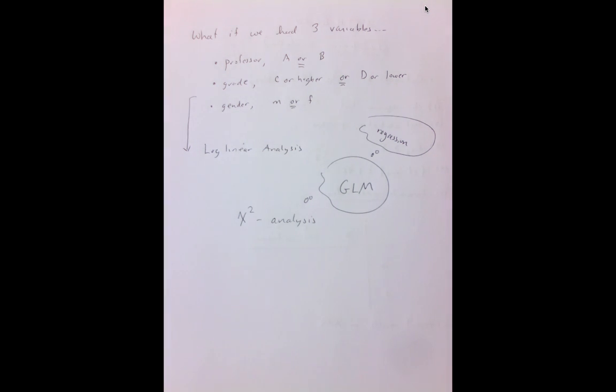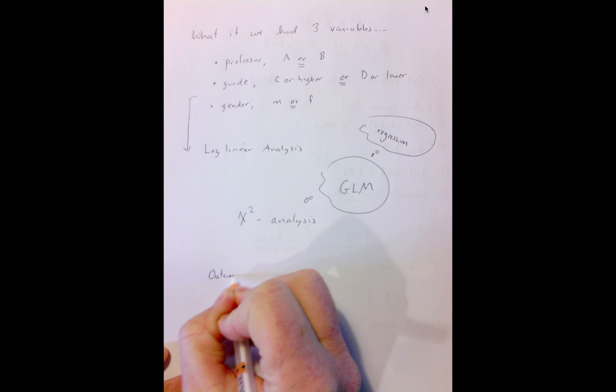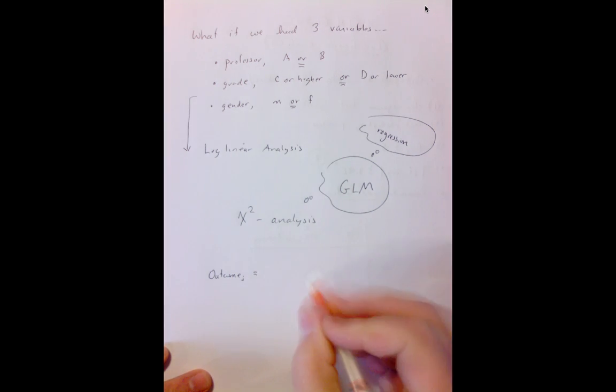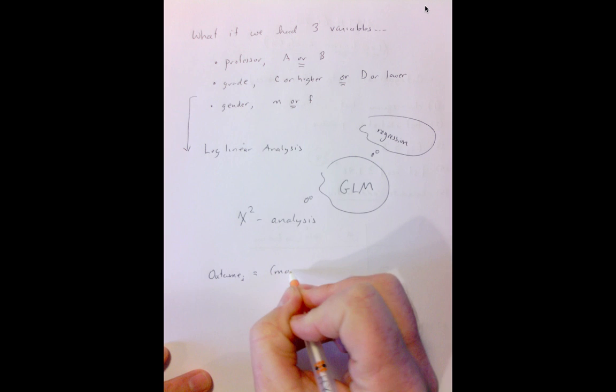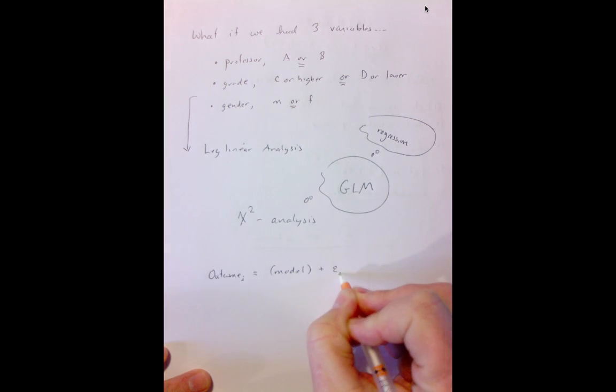Now, what do I mean by that? Well, guys, in the spirit of general linear model, we know that our outcome can be expressed as our model plus the error.